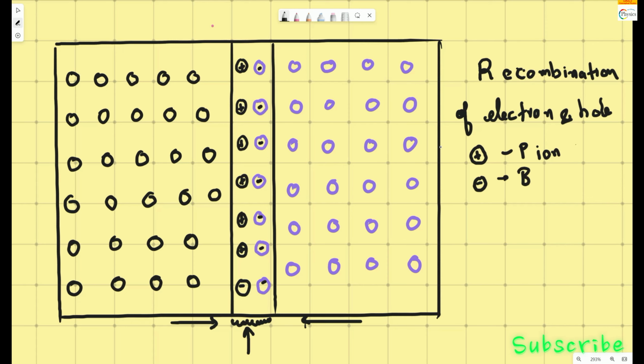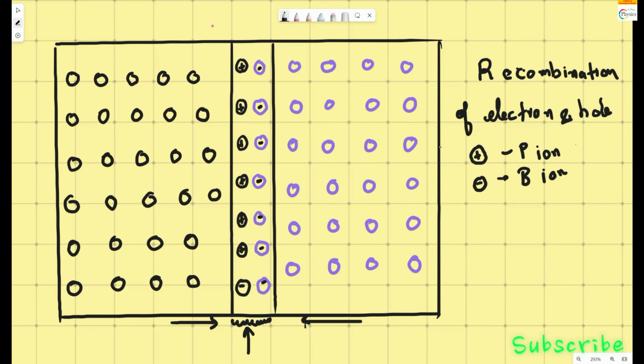This region where this recombination happens, the physics terminology is, this region is called the depletion layer or the depletion zone.